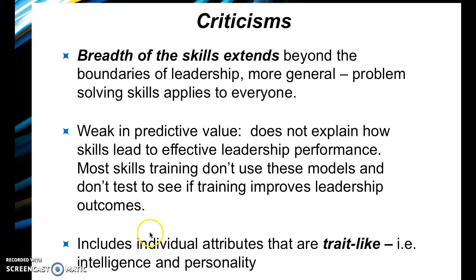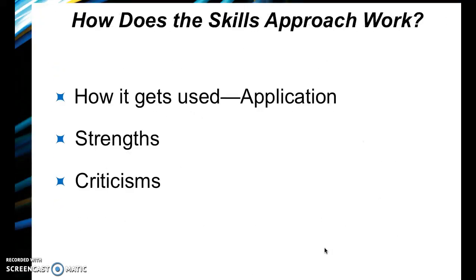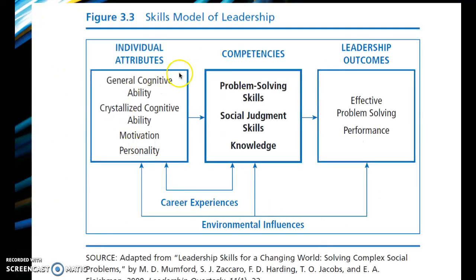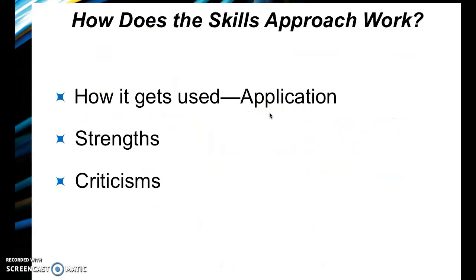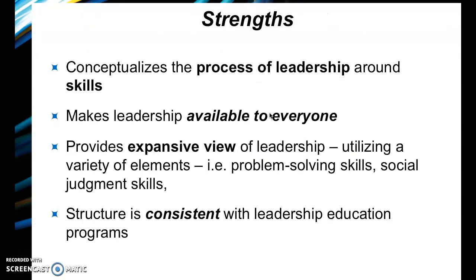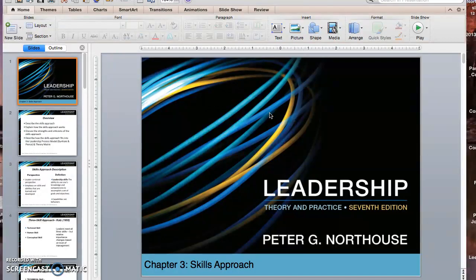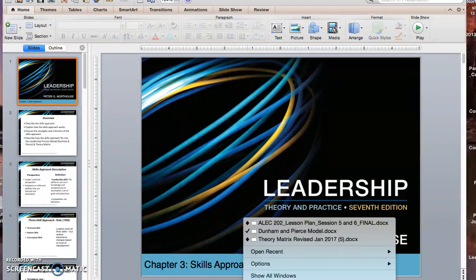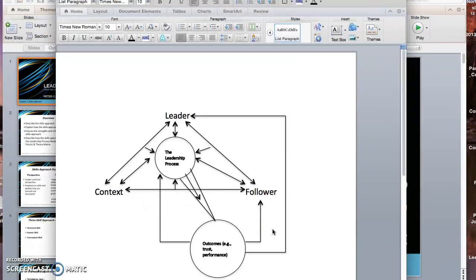And then some of the individual attributes like intelligence and experience, personality, those are more trait-like. So really, in many ways, this skills approach starts to adopt a little bit of the trait approach, because if you go back to this model, this is really about traits and this is about skills. So that's a criticism of it, that it's not entirely skill-based. So, okay, just thinking about our leadership process model, the skills approach is, again, leader-centered.